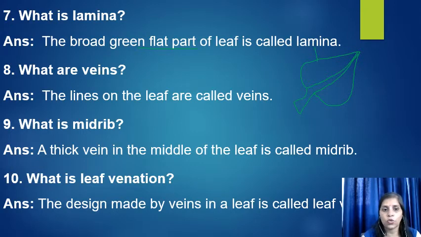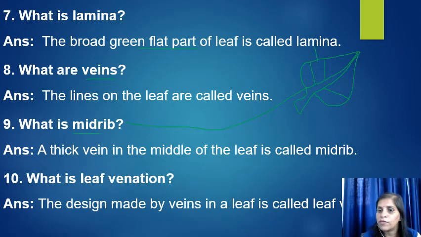The next two questions: what are veins and what is midrib? Let me explain the midrib. The main thick vein present at the center of the leaf is known as your midrib, and from the midrib several veins are coming.